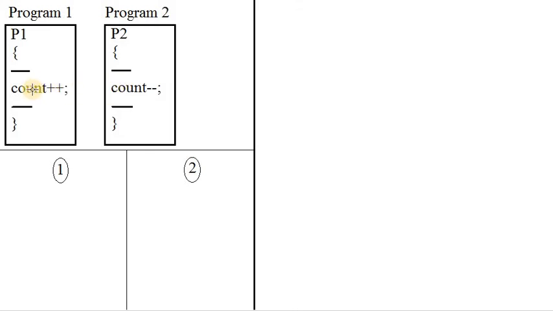Let us write this count plus plus using machine level language or assembly level language instructions. How can this be converted into assembly level language instructions? Let me write it like this. First, the first program.